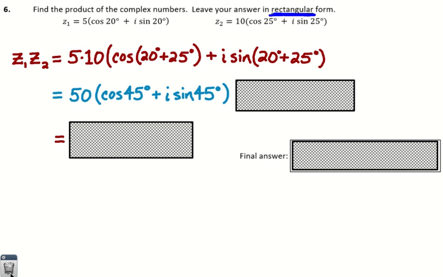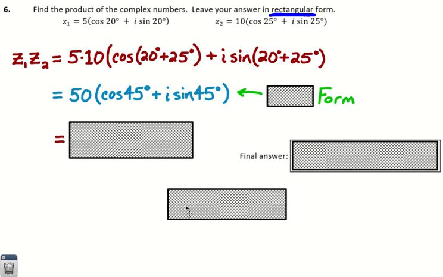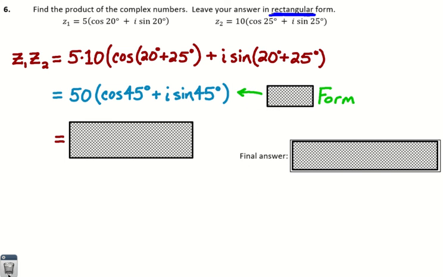And so when you simplify the formula, you plug in and 5 times 10 is 50, 20 plus 25 is 45 degrees. But this is not your final answer because this is not rectangular form, it's polar form.